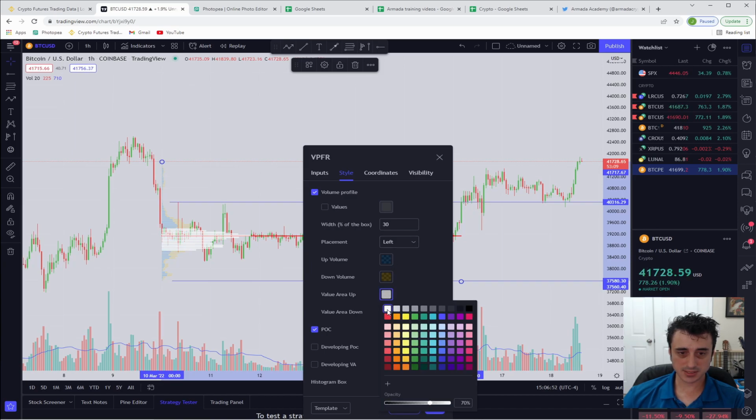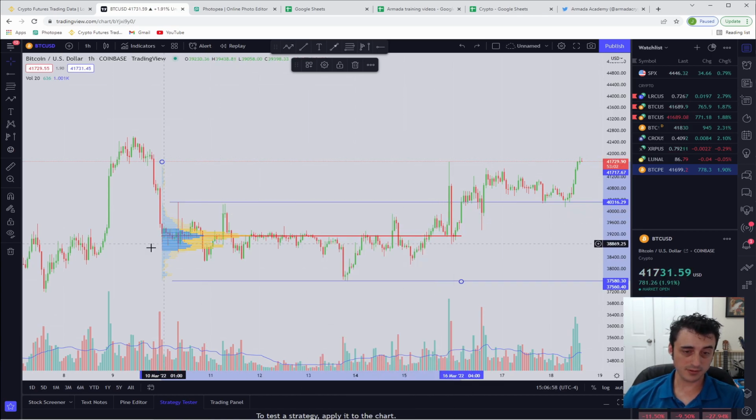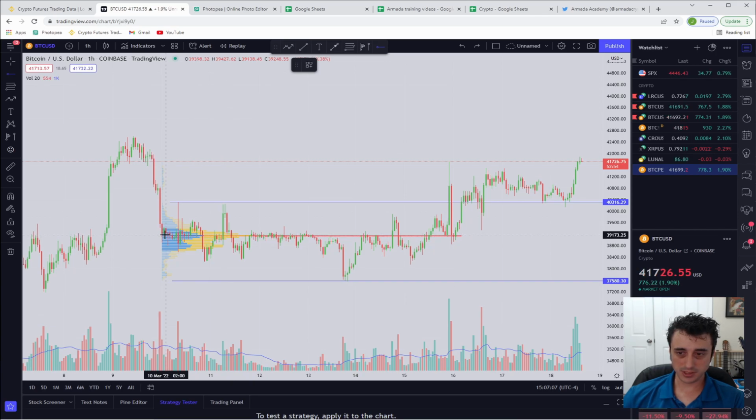You could change these to the same color and it wouldn't make a difference. I'm not really looking to do that right now, but it's not terribly important, the difference between the yellow and the blue. This line right here is our point of control. What it means is this is where the most volume peaks. That's where orders were filled for volume.